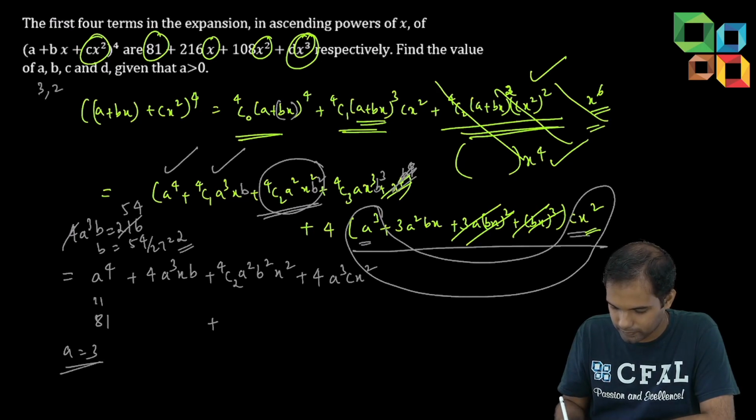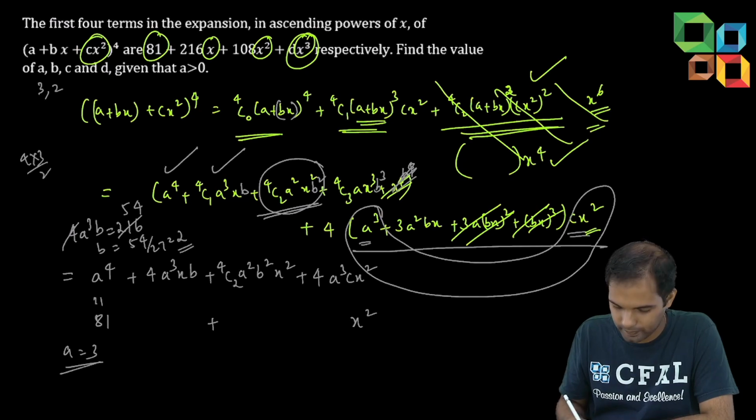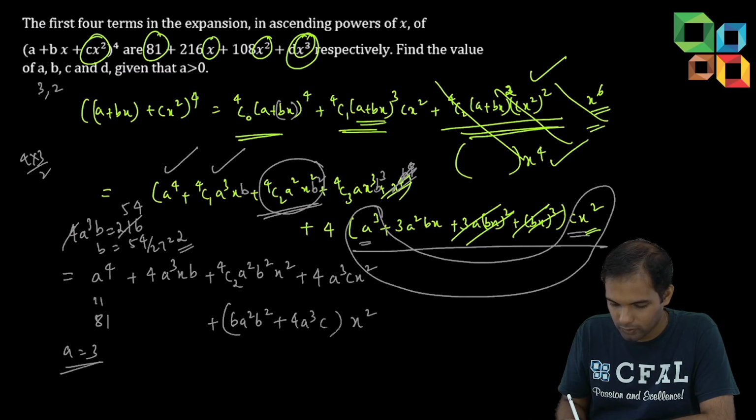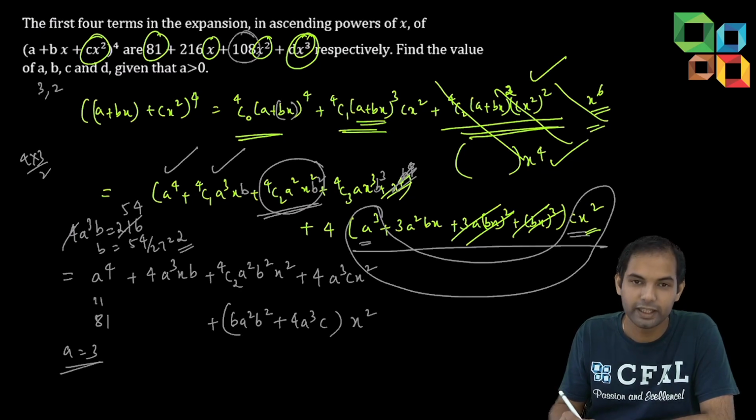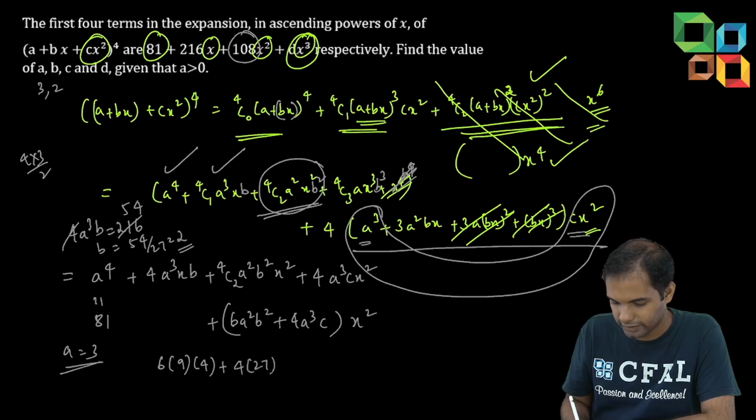Combining the terms, x square is common. 4c2, what is it? 4 into 3 by 2? 6. So 6a square b square plus 4a cube c. This is equal to 108, you already know. Let's equate. 6a square means 9, b square, b is 2, 4, plus 4a cube, 27 into c is equal to 108.